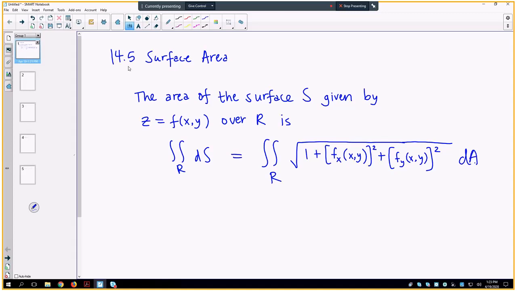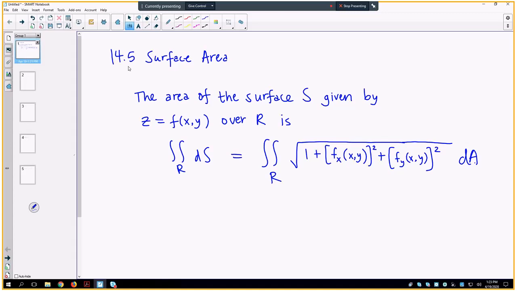So this is going to be the formula we're working with in this section. And it should look kind of similar to the formula that you would have had for surface area in the plane. Now we're doing surface area in space.